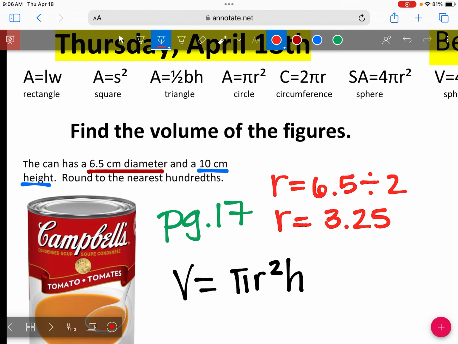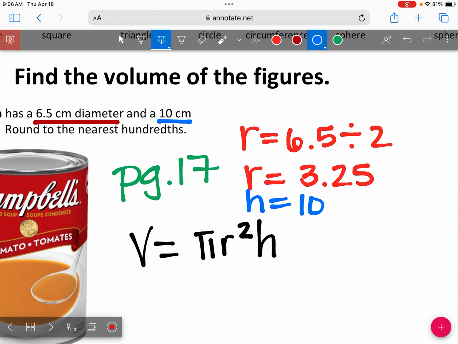Good. All right. And then what did they say in the description? What's the height? 10. Yep. H is 10. So go ahead and grab a calculator.